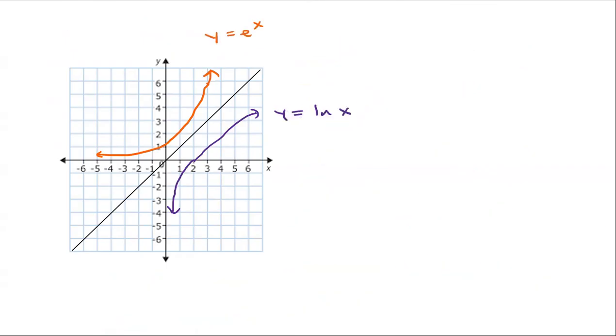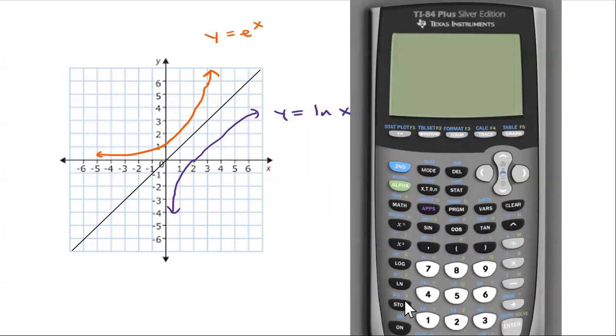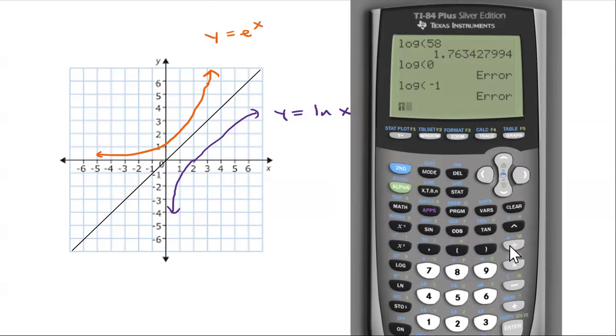If I put that in the calculator, I think it's this one right here. Okay, e. If I put e to the 1, shoot, try that again. e to the 1. It's just going to give me 2.718. It's just a number, just like pi. Pi is 3.14. e is just 2.718.